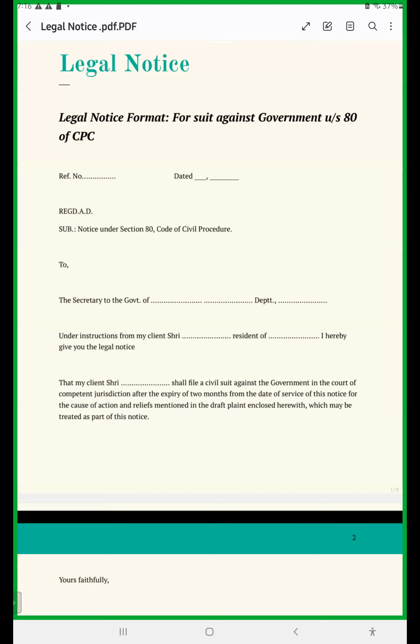Serving a legal summon is a crucial step in many legal situations, and it's like giving a warning before further legal action. For example, if you are a landlord and your tenant is not paying rent, you can send him a notice that if you don't pay the rent of the third month within 10 or 15 days, I'm going to take legal action against you.